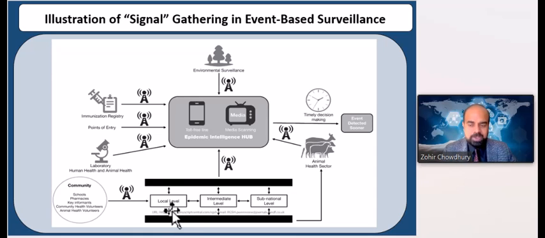Or source 3 could be in the animal health sector, where a sudden sickness and death of poultry in a community and in an animal market can be the cause of a signal that can be gathered.